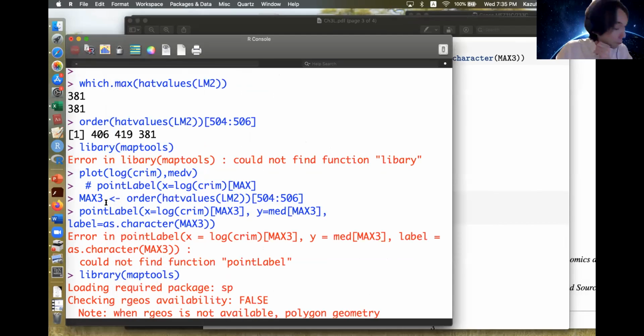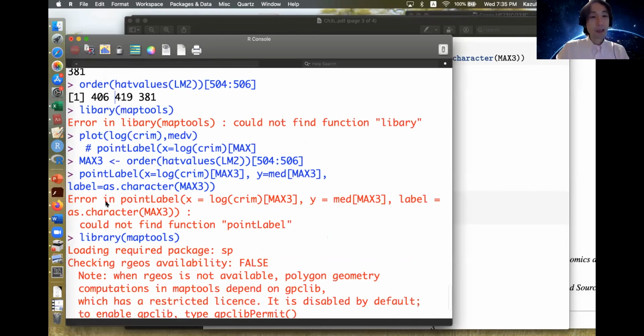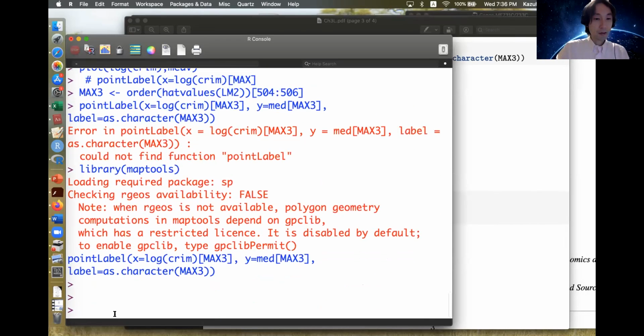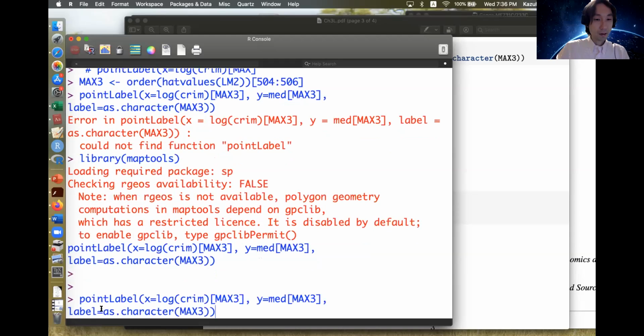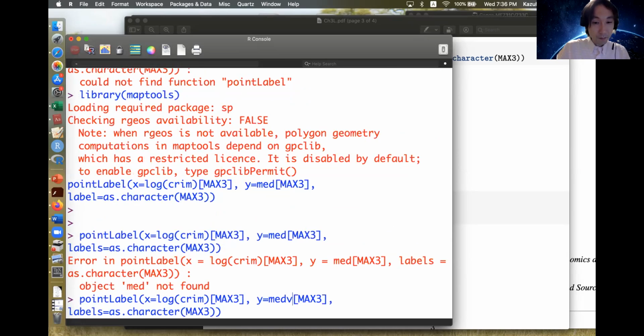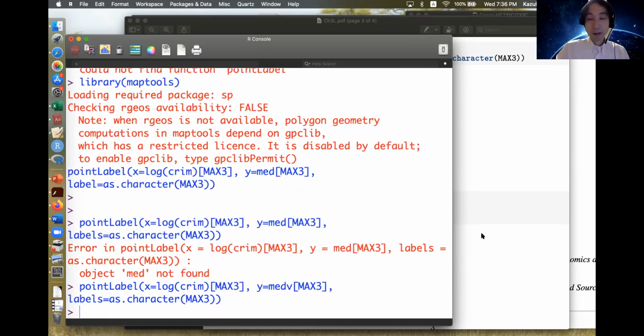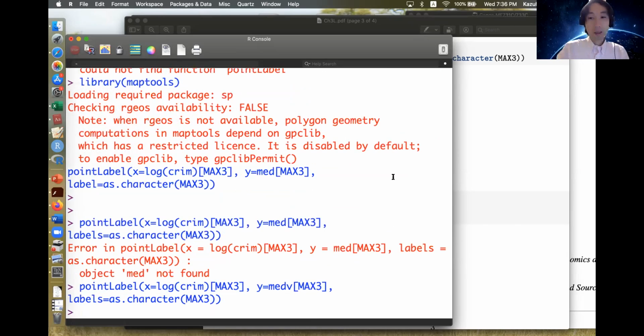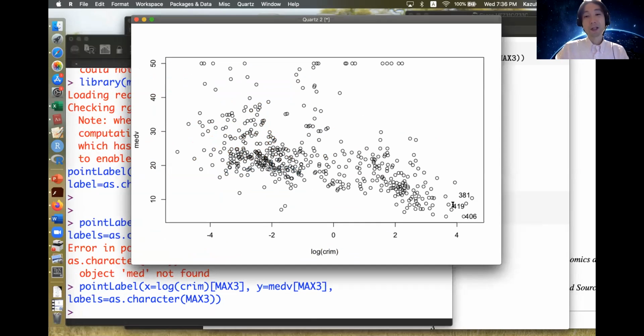Sorry, I don't know why it does not work. Oh, maybe levels, median, mid V, maybe. Yeah, it now works. So these 3 observations are most influential to determine the regression line.